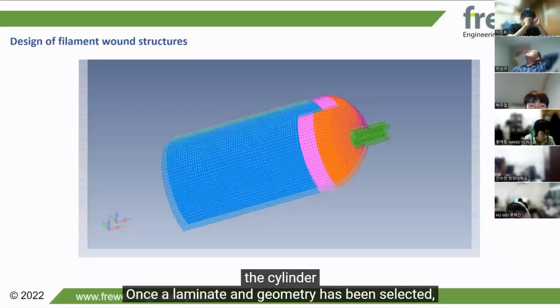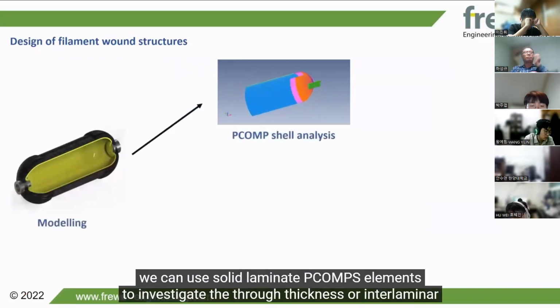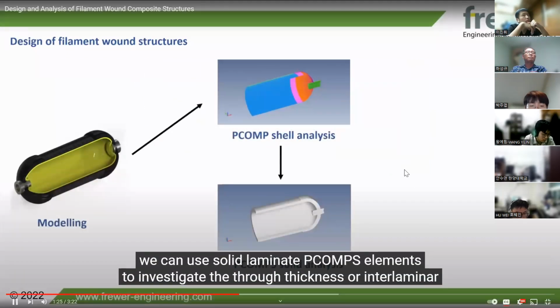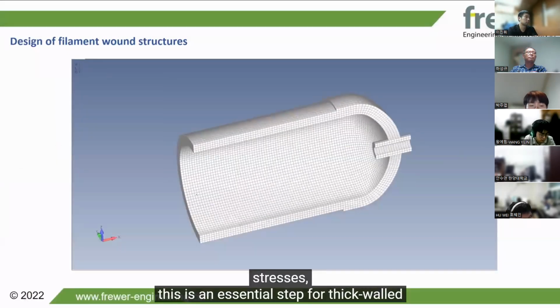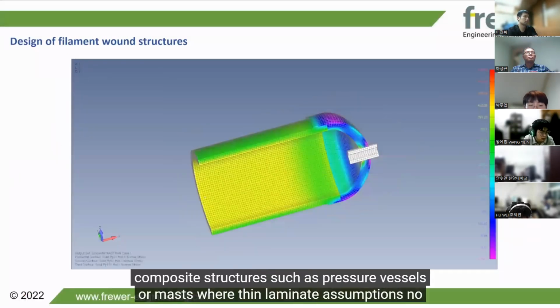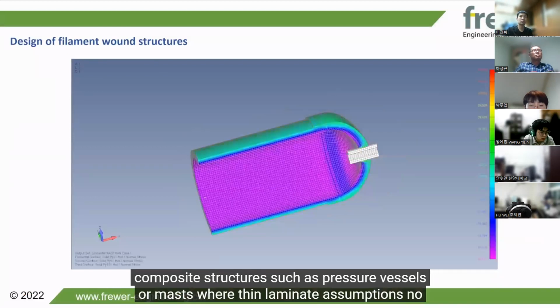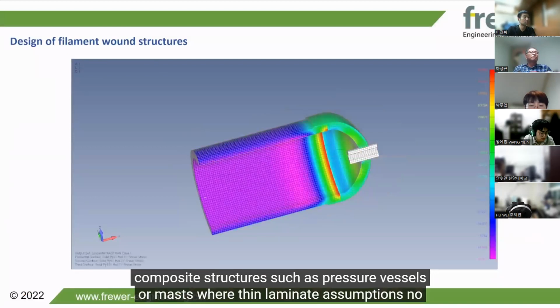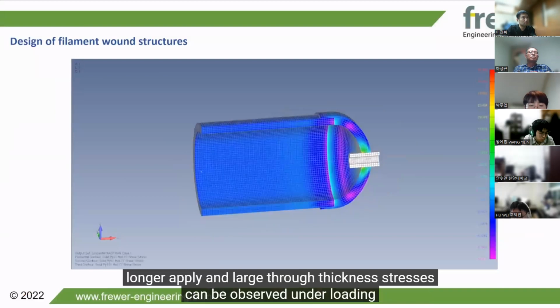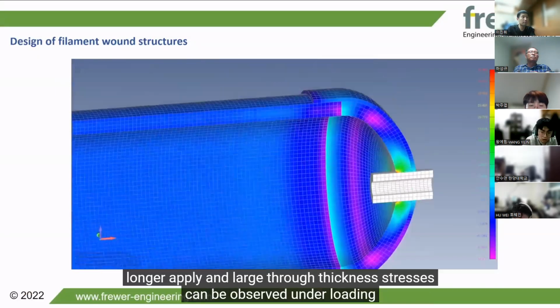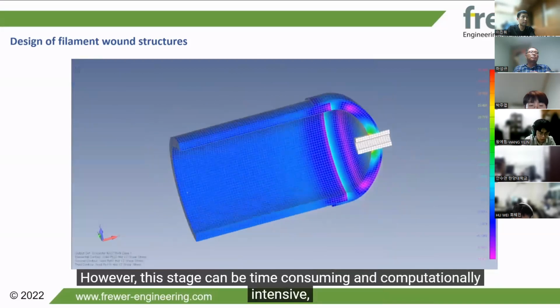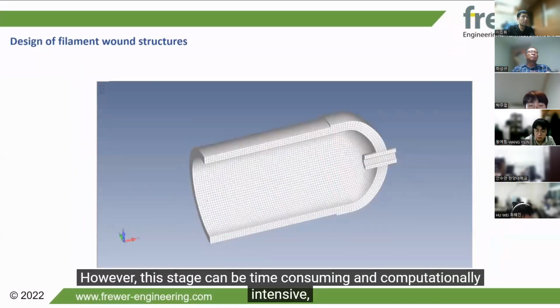Once a laminate conjunctive has been selected, we can use solid laminate decomp elements to investigate the through thickness or interlaminate stresses. This is an essential step for thick-walled composite structures such as pressure vessels or nests, where thin laminate assumptions no longer apply and large through thickness stresses can be observed under loading. However, this stage can be time-consuming and computationally intensive.